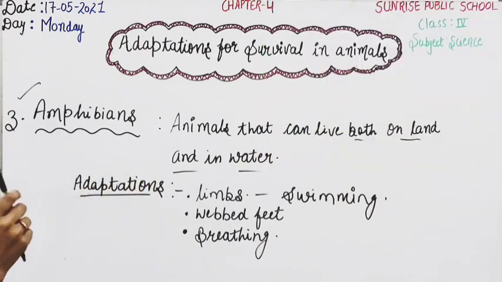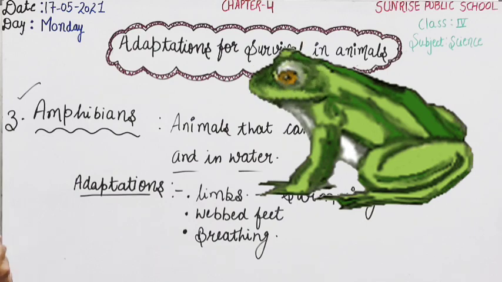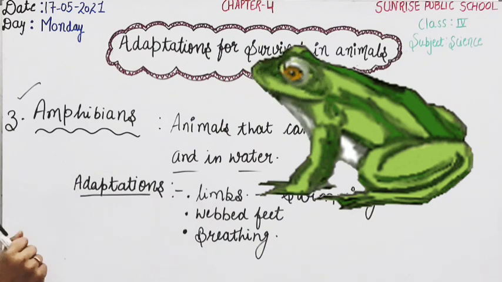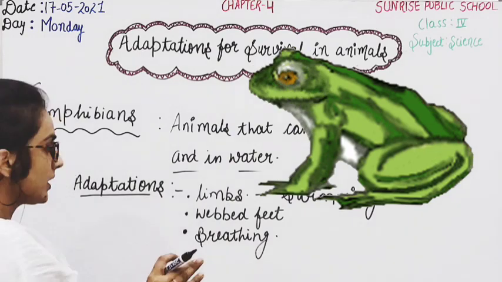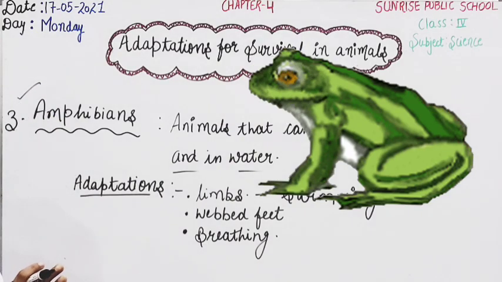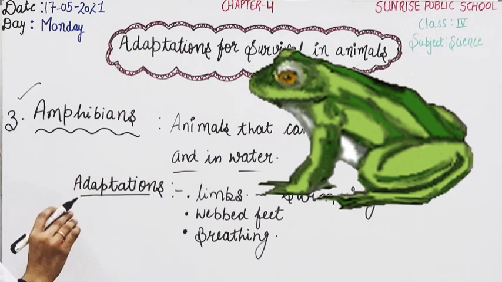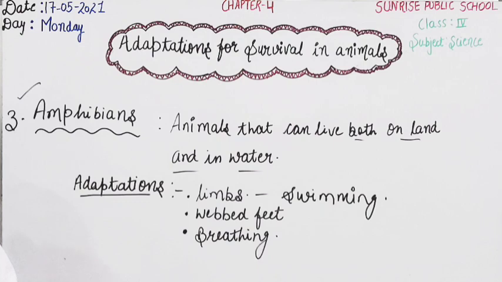They can breathe through their moist skin when they are in water, and on land they can breathe through their lungs because they have lungs inside them. So these are some adaptations of amphibians.